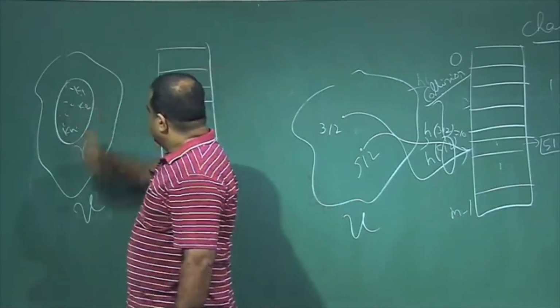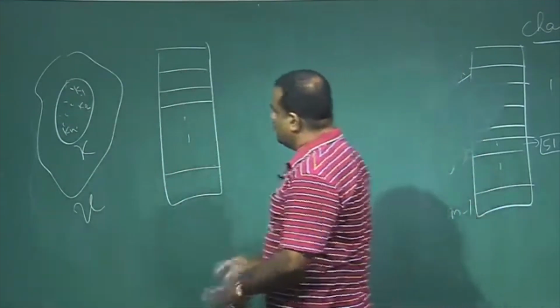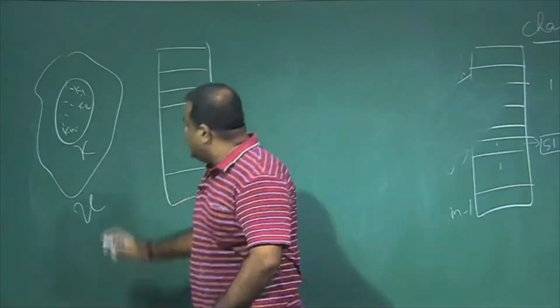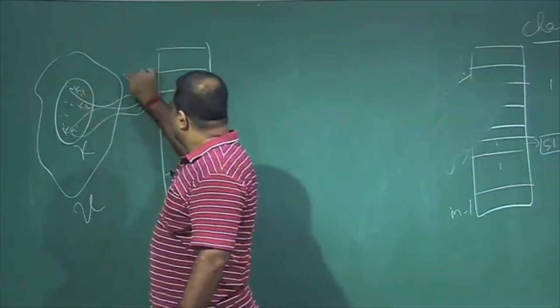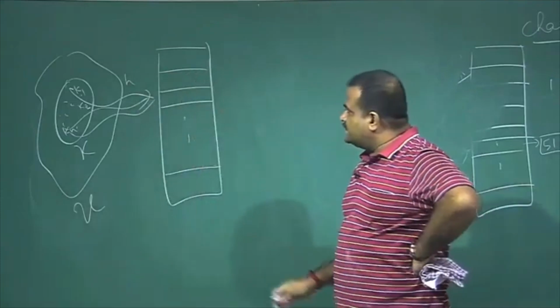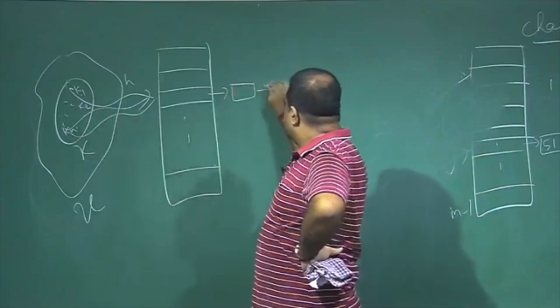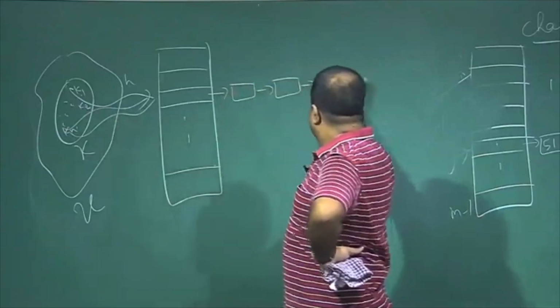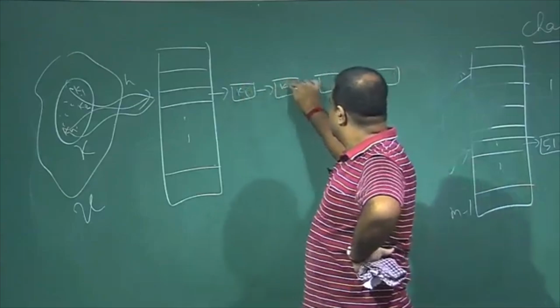Okay. So, now we apply the hash function and put each key into the table. Now, in the worst case, it may happen that all the keys go to the same slot.